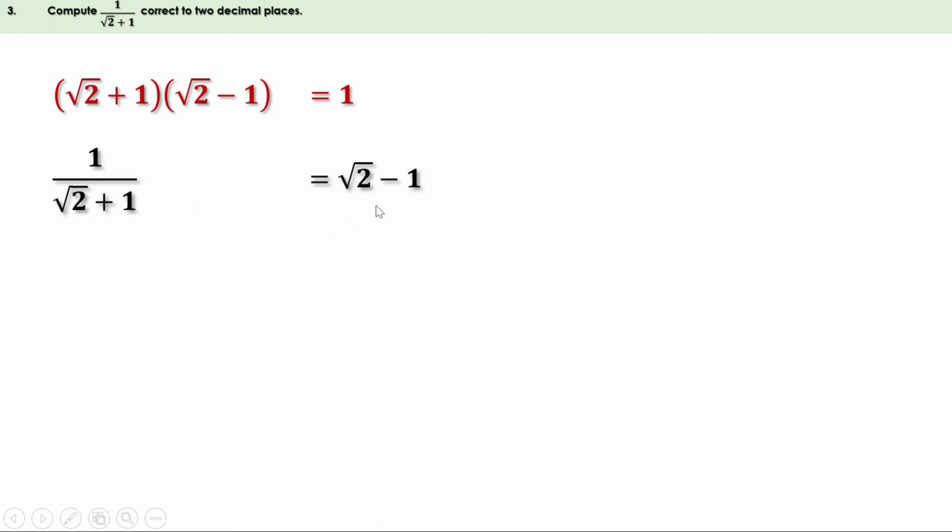Now to get the approximate value, let us give the approximate value of root 2 here. So we can write this is approximately equal to 1.41 minus 1. And 1.41 minus 1 is 0.41. So this is equal to 0.41. That means the approximate value of 1 by root 2 plus 1 is equal to 0.41.